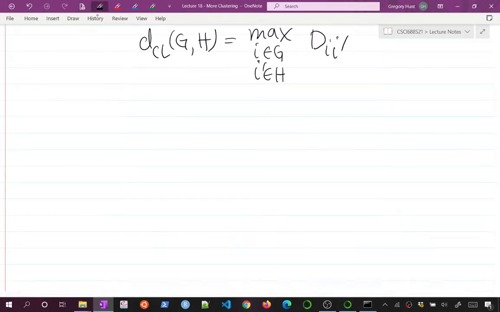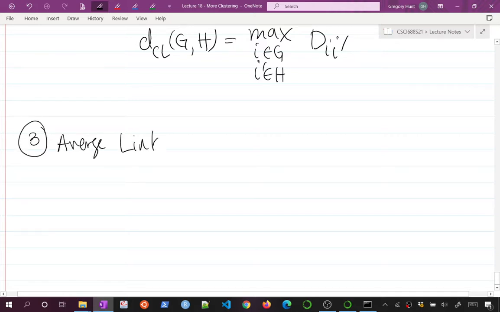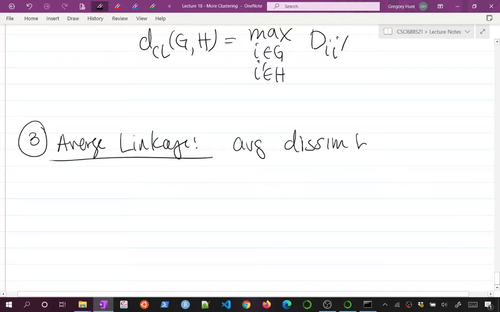And the third most popular way is called average linkage. You might imagine that this is just the average dissimilarity between clusters. I'm just going to write the formula because the picture is not really going to do us much good here.